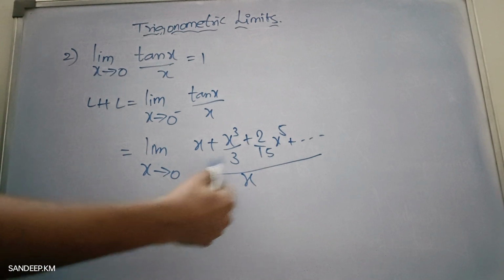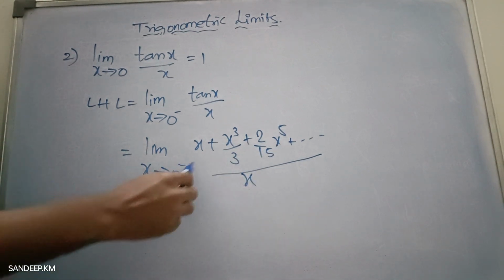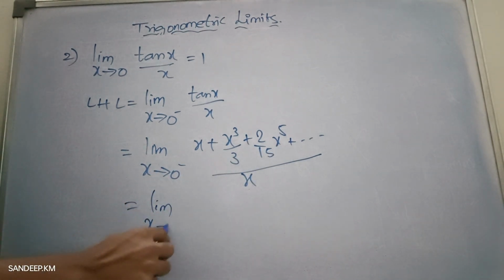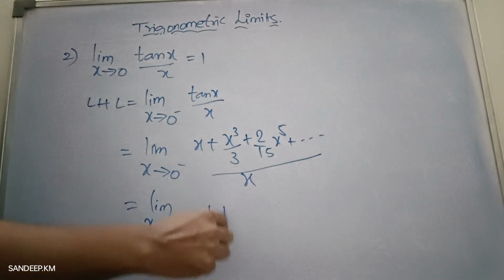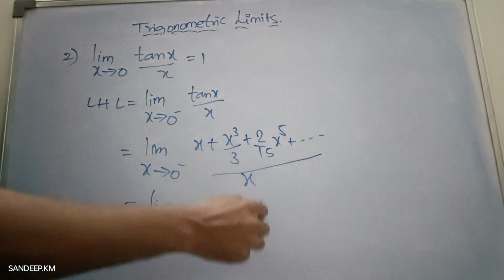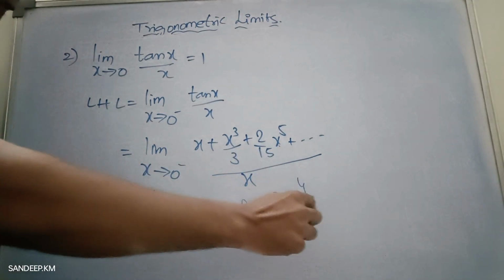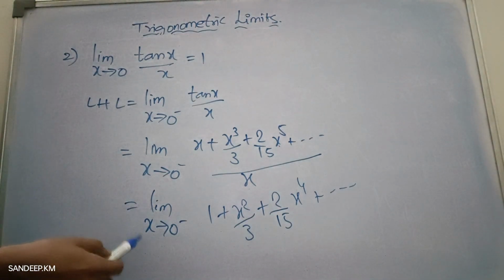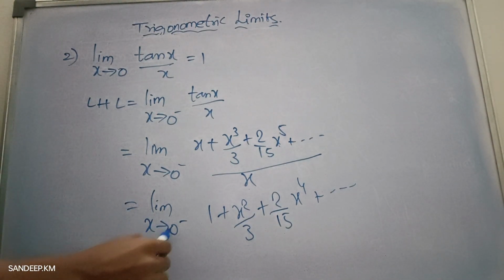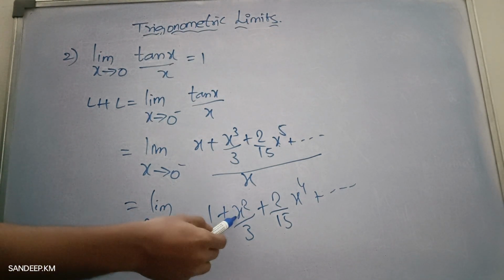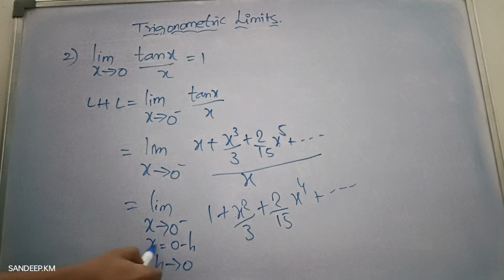So common denominator x, if you separate, limit x approaches 0 minus 1 plus x square by 3 plus 2 by 15 into x power 4 plus and so on. Now since you are finding left hand limit, x approaches 0 minus means x is equal to 0 minus h, where h approaches 0, correct or not? Instead of x you can substitute minus h. x is equal to minus h.